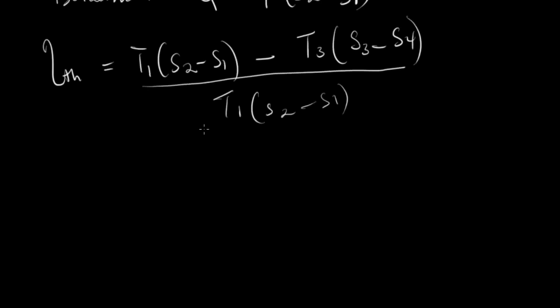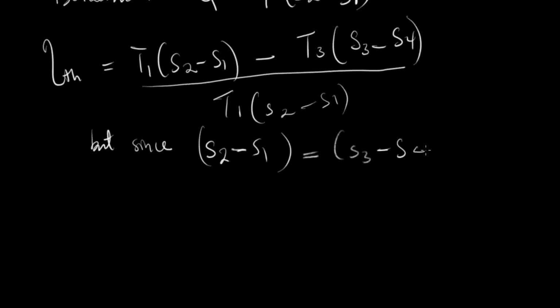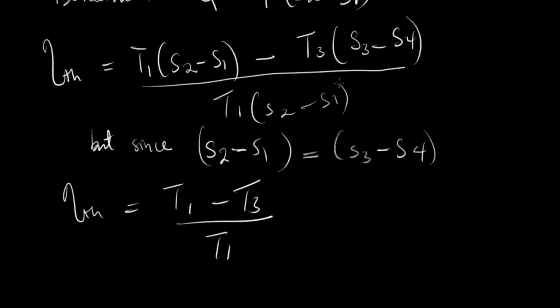But since S2 minus S1 is equal to S3 minus S4, this becomes T1 minus T3 over T1 when the entropy terms cancel out.